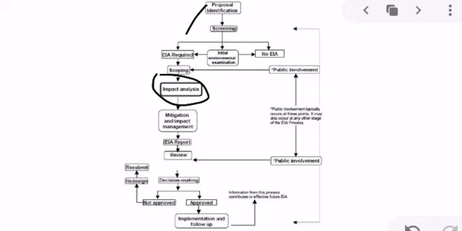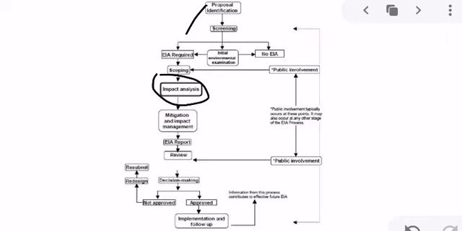By looking into the environmental impact statement, the decision makers will decide whether the proposed project needs to be approved or not. If not approved, we can redesign it, improve the project proposal, and resubmit it. Or if approved, then we will implement the project, and even after implementation we will follow up, we will monitor the project. So this is the EIA procedure in brief.